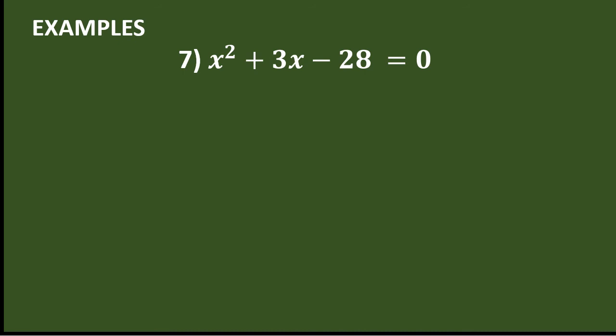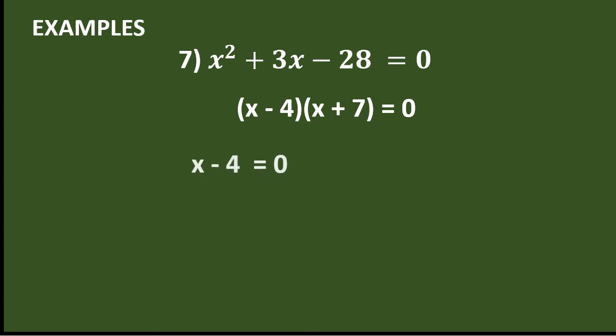And if you are going to add them, it will become positive 3. Okay, we have 7 and 4. But which is positive and which is negative? Okay, 7 is positive and negative 4 is the other one. So we have quantity x minus 4 times the quantity x plus 7.